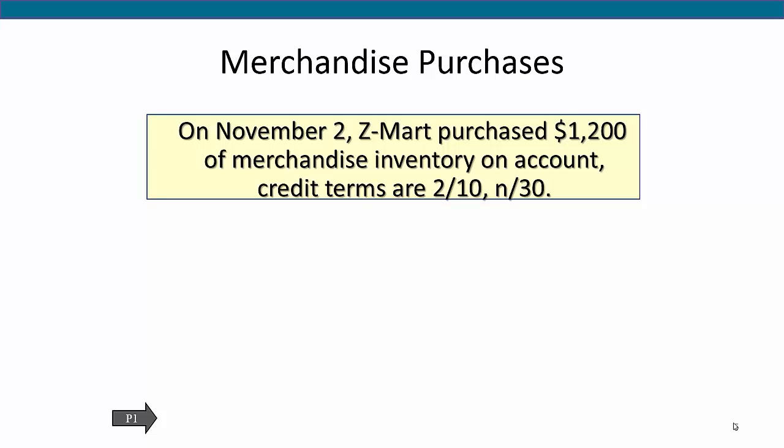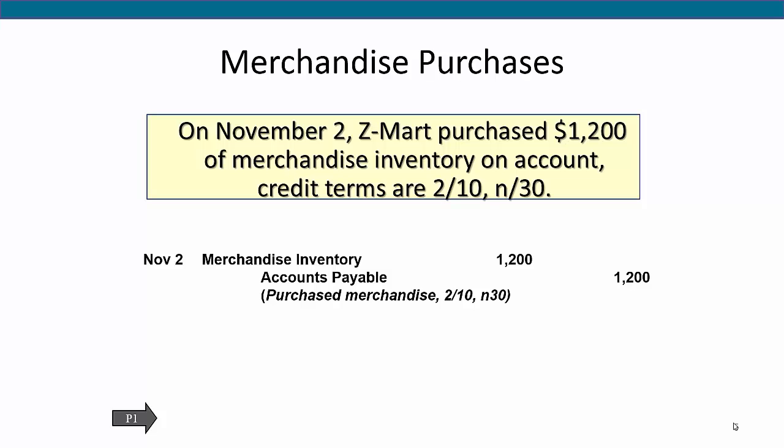So to illustrate then, Z-Mart records a $1,200 purchase of merchandise on credit on November 2nd. And so what do you think? Easy, right? Good job.